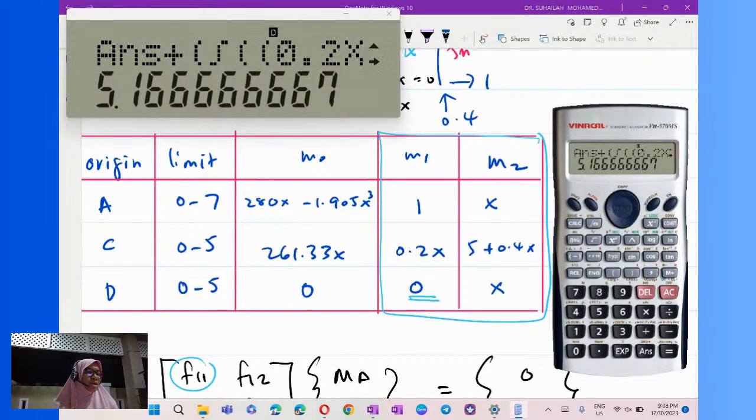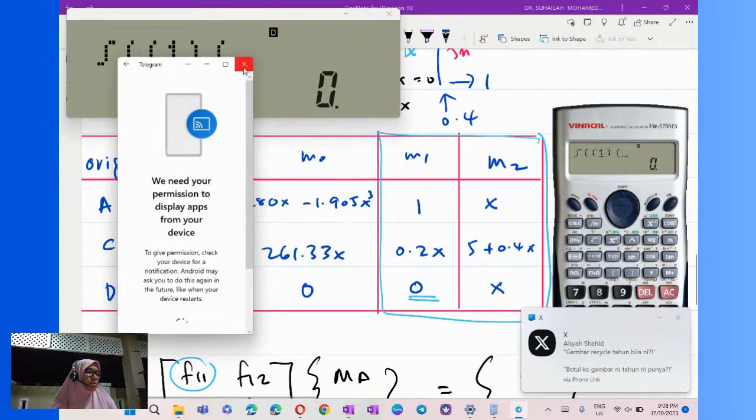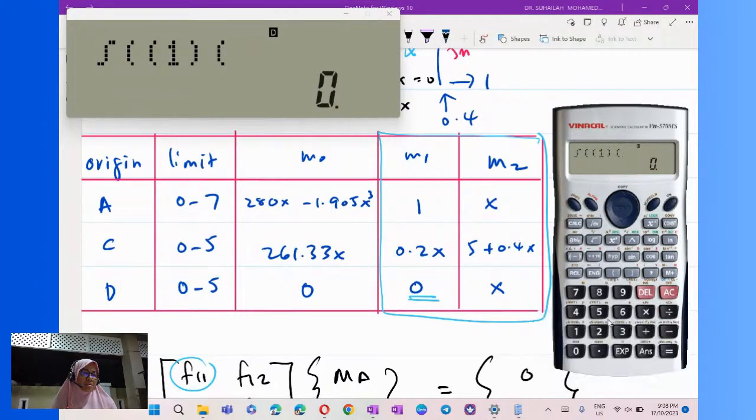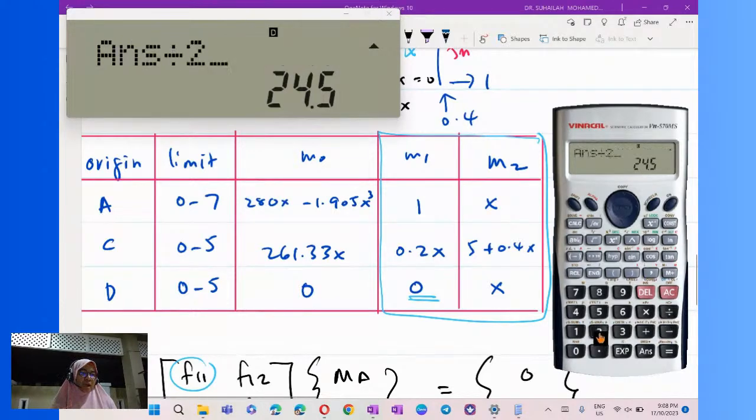So use calculator. 1 and 2 means 1 times x times x, limit from 0 to 7, divide by 2 because of 2 EI, and we plus another one for BC.